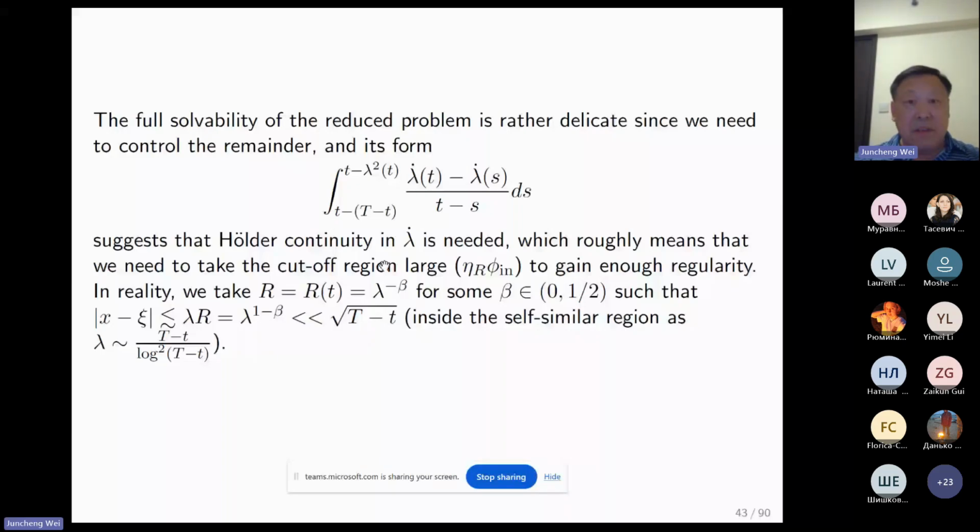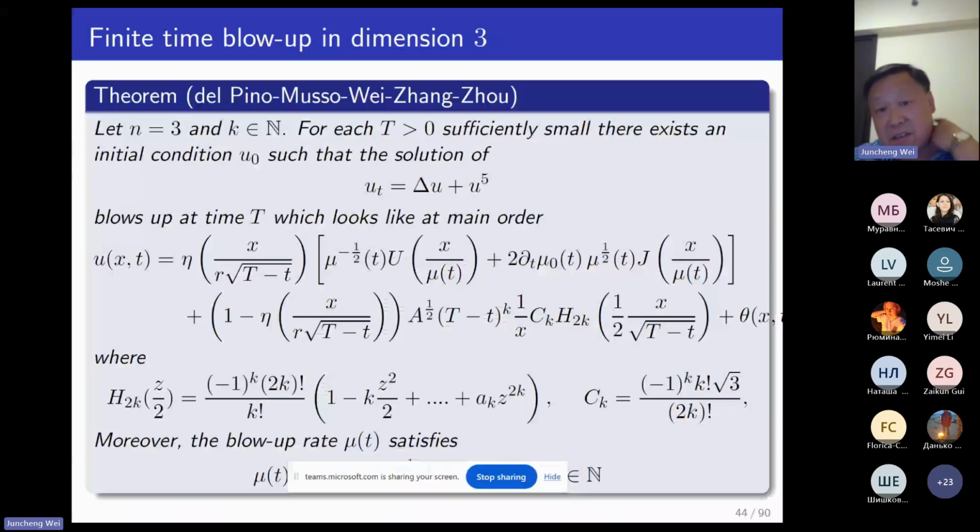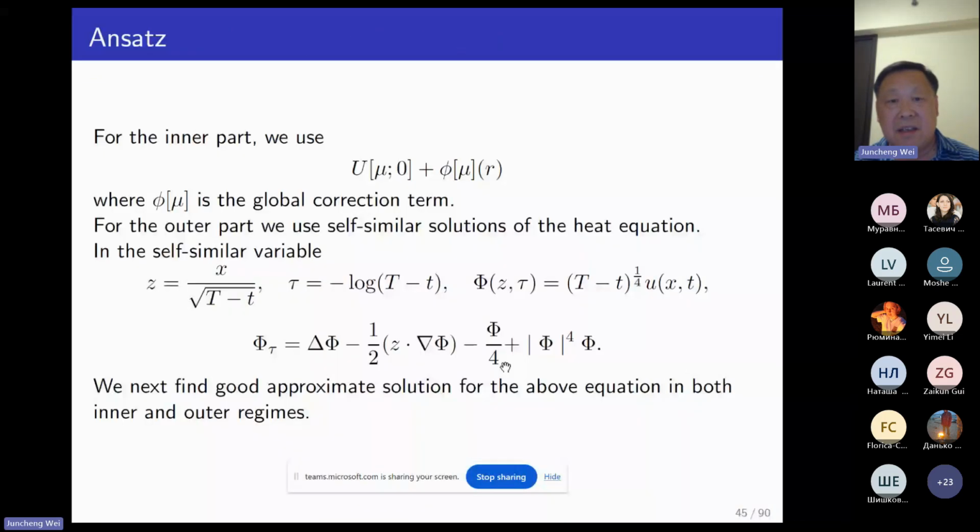In dimension 3, you can do almost the same, and you can get arbitrary blowup rates of the form t minus t to the power. For the inner part, you do the same with some global correction term, and for the outer part, you use the self-similar solution for the heat equation. So the outer solution in dimension 3 is no longer just the heat equation.